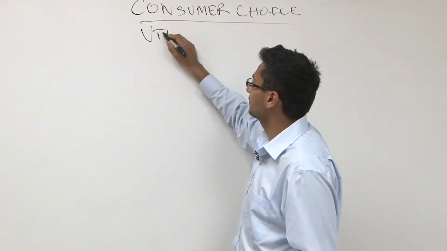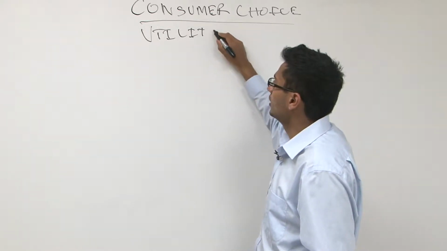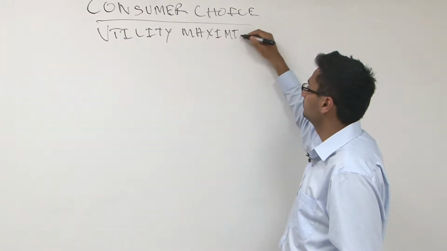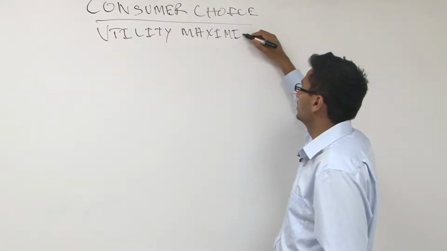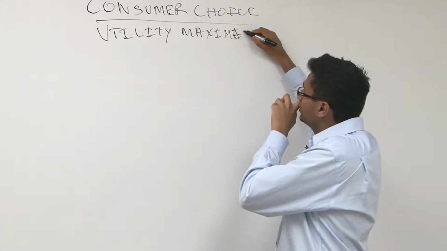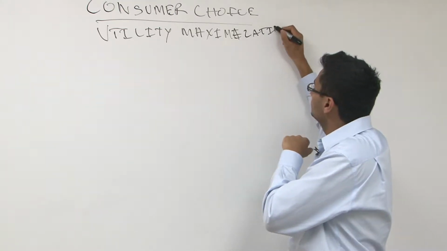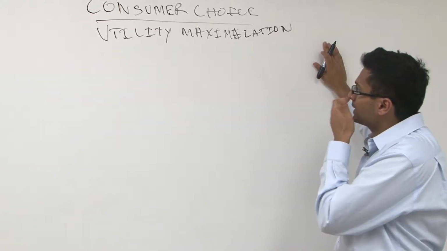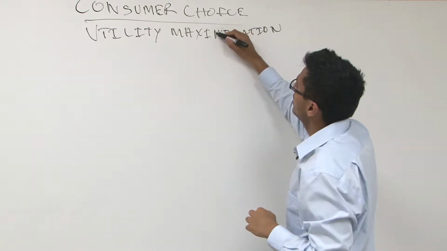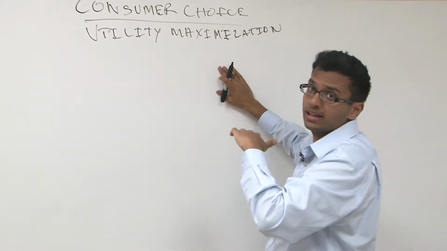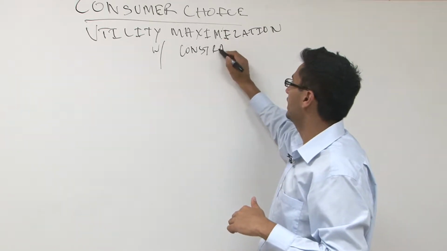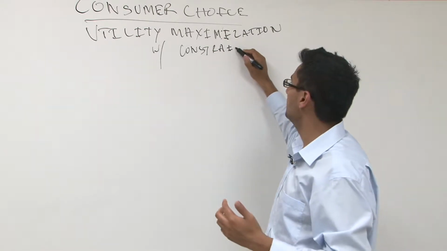Most importantly, it's utility maximization with a constraint, and the constraint, generally speaking, is the income.